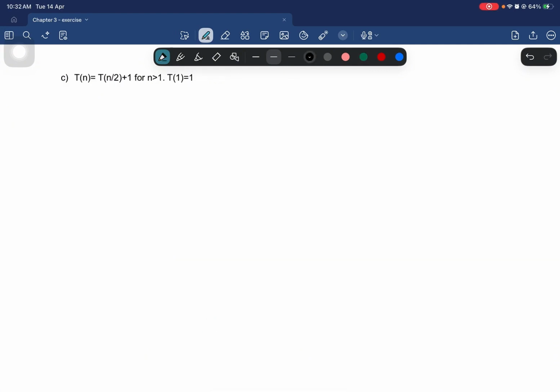Let's move on with backward substitution. We start with this equation, T of n equal to T of n over 2 plus 1. So we need to find T of n over 2. We substitute n over 2 into the first equation here.